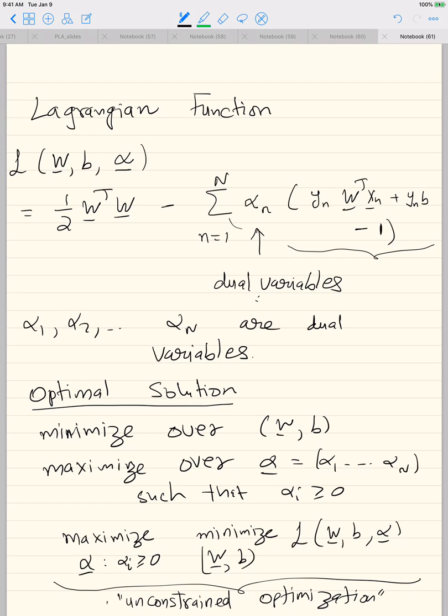We have introduced a set of new variables called the dual variables. We have added a penalty term, if you will, for each constraint. And now we get a new function which we can use to solve essentially an unconstrained optimization problem involving these new dual variables alpha and the original variables w and b.